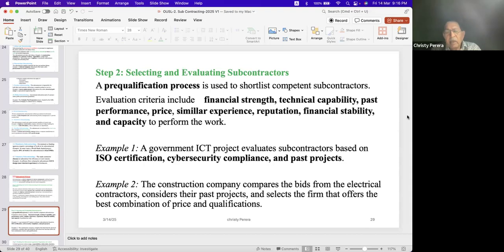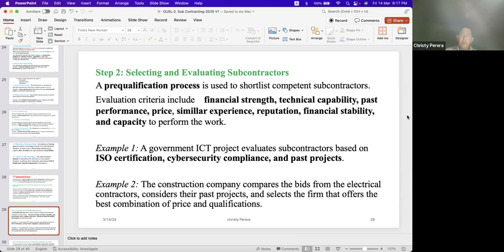It was not a successful IS project like other IS projects. I have given another example. The construction company compares the bids from the electrical contractors, considers their past projects, and selects the firm that offers the best combination of price and qualifications. Those are the procurement criteria.